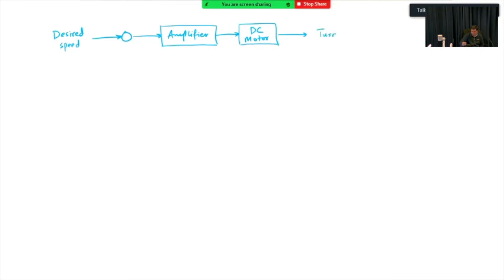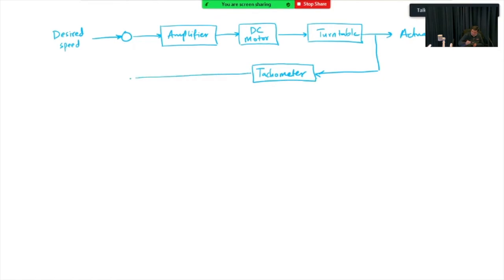The DC motor drives the turntable, and the turntable has some actual speed. Then this actual speed is measured by the tachometer. And you go back to the input, or not the input, basically you subtract it from your desired or reference speed, and that becomes the input.